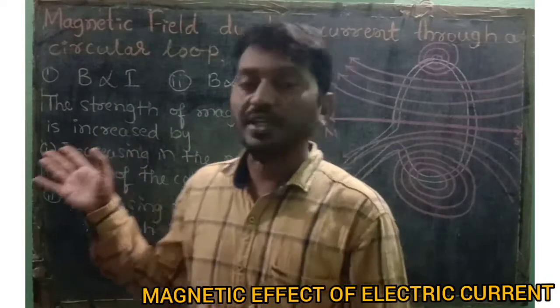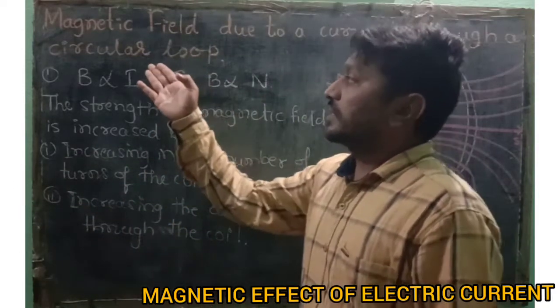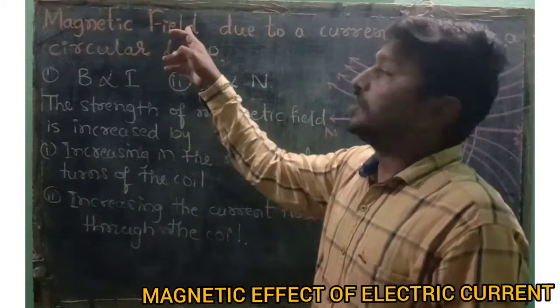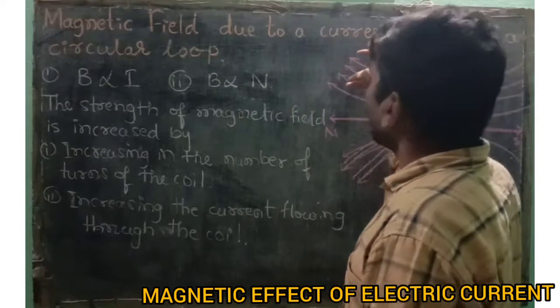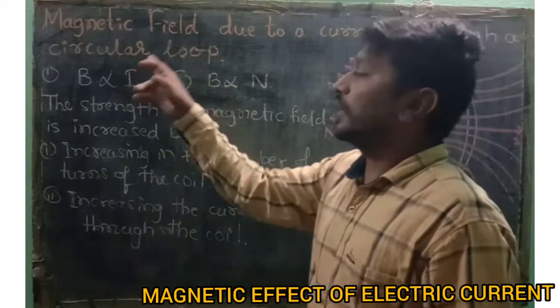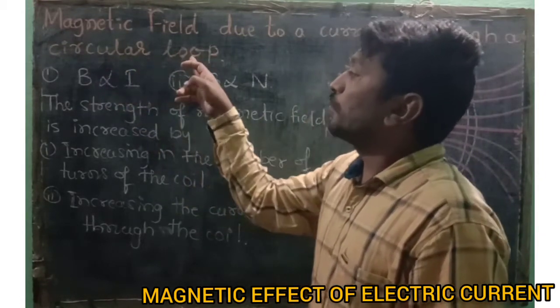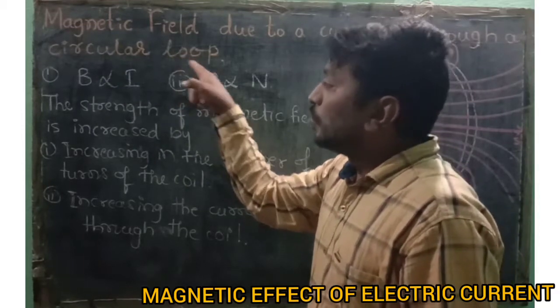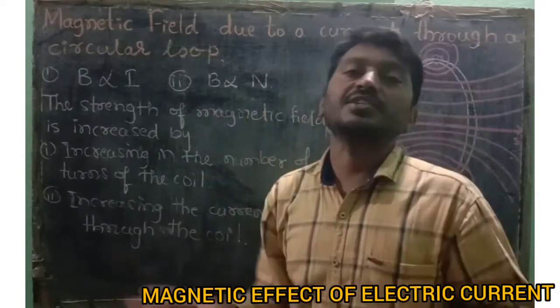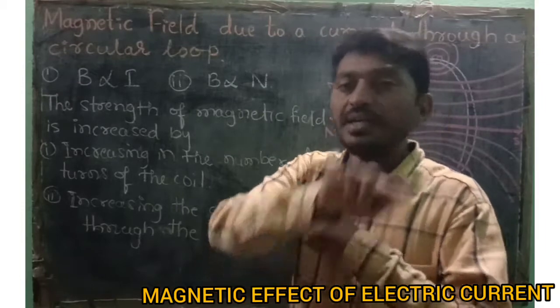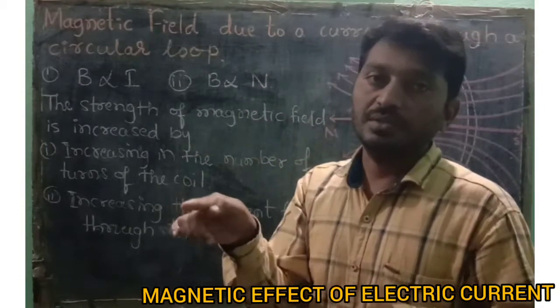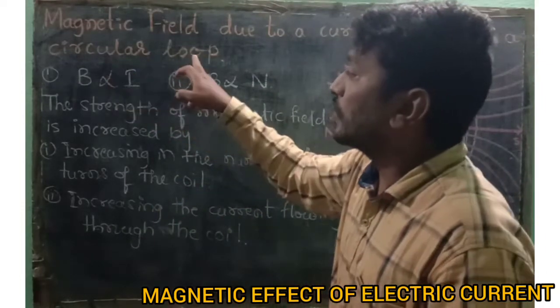So today let us discuss the magnetic field due to a current through a circular loop. Here, circular loop means what? The loop means a thread-like structure in a circular shape, okay, that is called a circular loop.